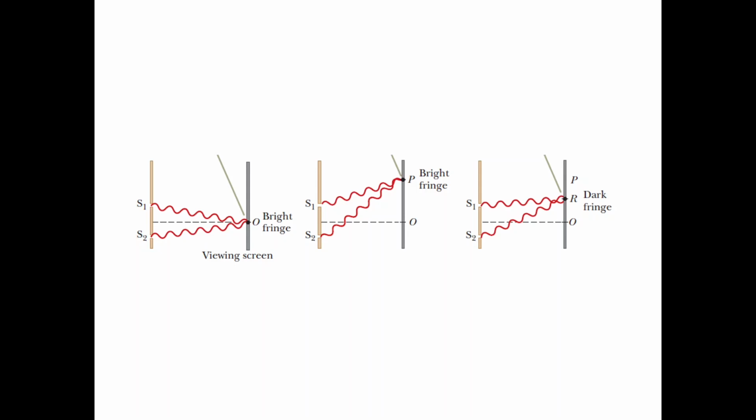However, since we can pick any point on the screen at a different angular or linear position, it is possible to find a position where the difference in distances which these waves travel is equal to an odd number of half wavelengths. In that case, the waves approach the given point in opposite phases.